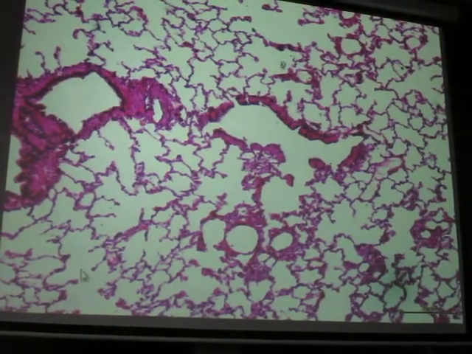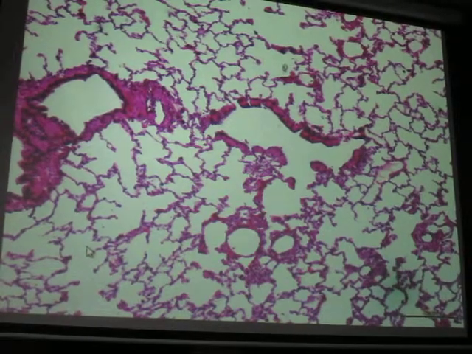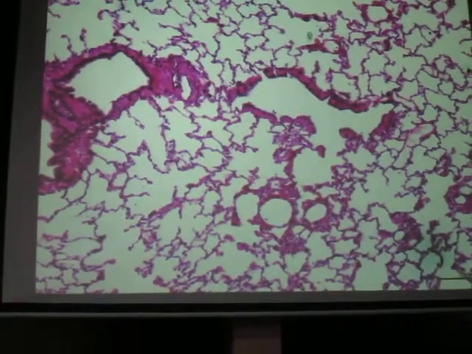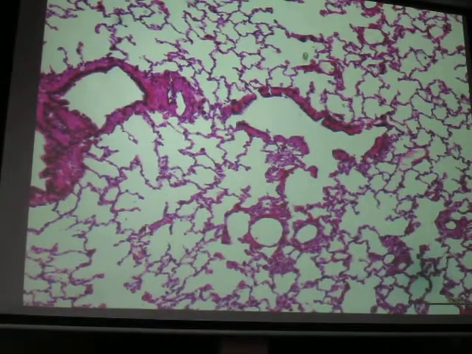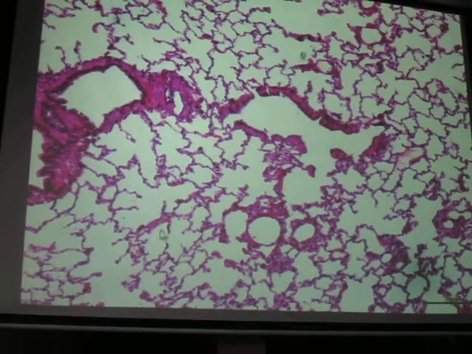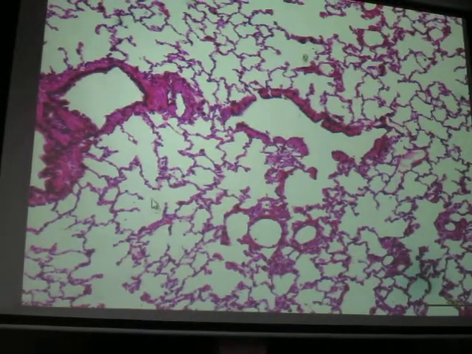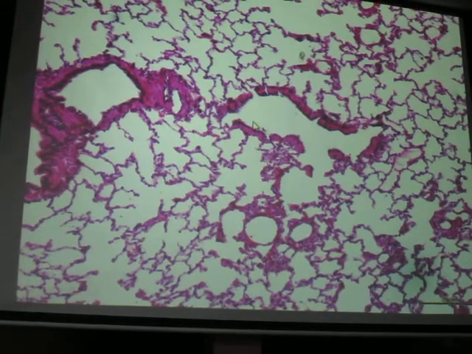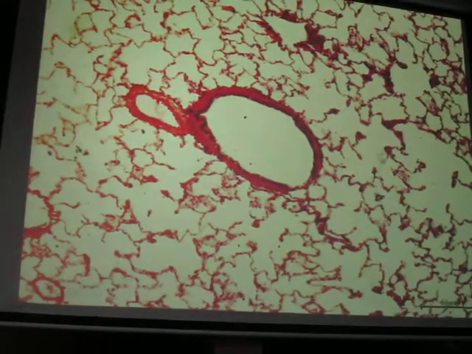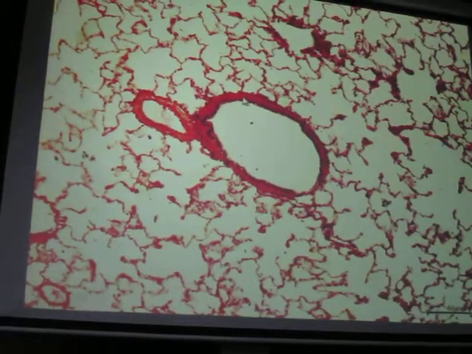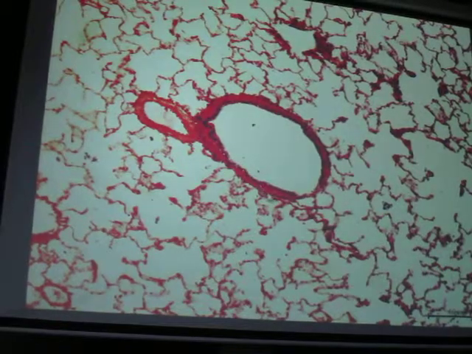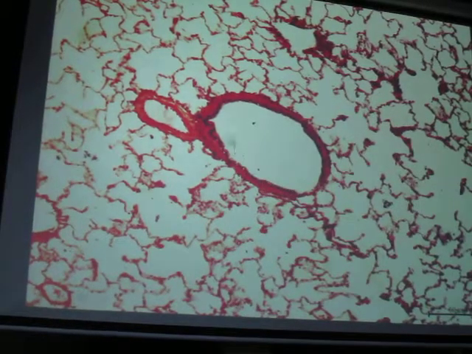Alveolar duct. Okay, duct yan. Elongated. We have also here an alveolar sac. Okay. Can you identify this structure? Terminal bronchiole.